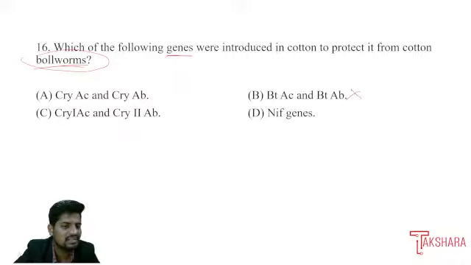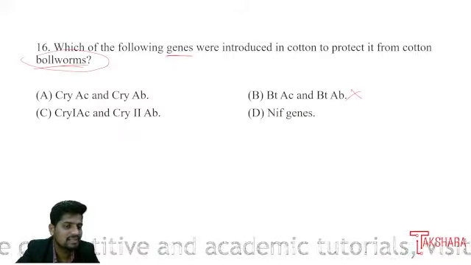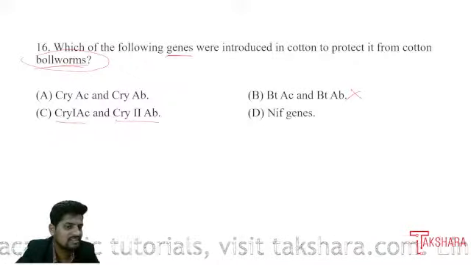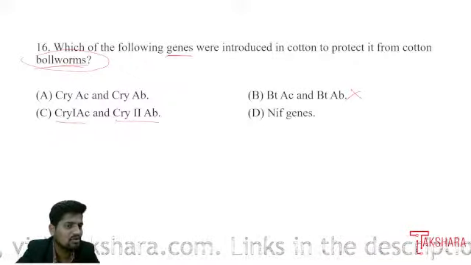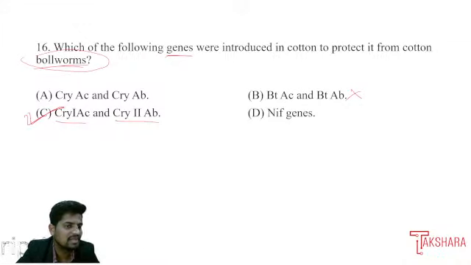We do not use the words BTAC and BTAB, we call them NIF genes, and the presence of AB and AC will be available. But according to the statement, bollworms are basically related to Cry1AC, with respect to the character AB, they have controlling power for the bollworms. So option B, C will be the correct one for question number 60.